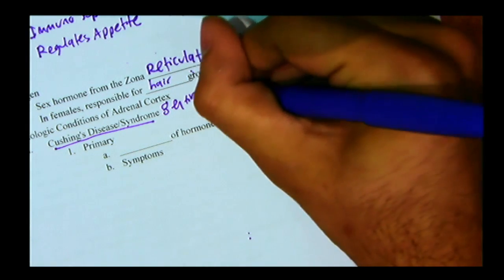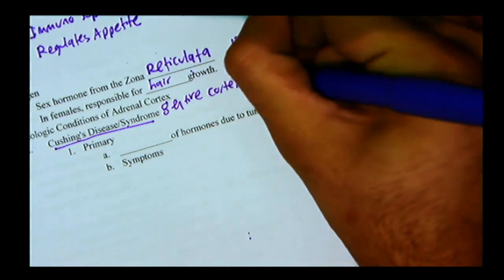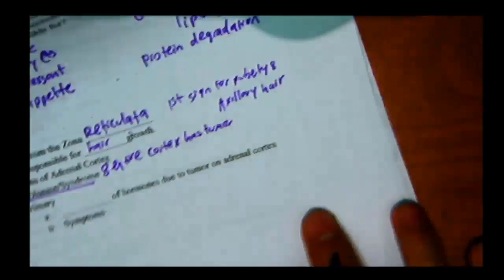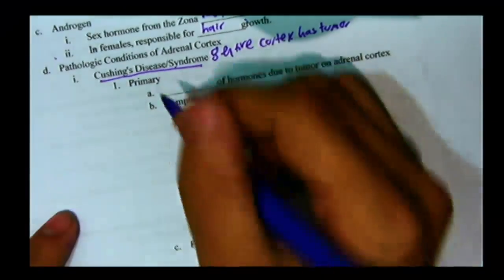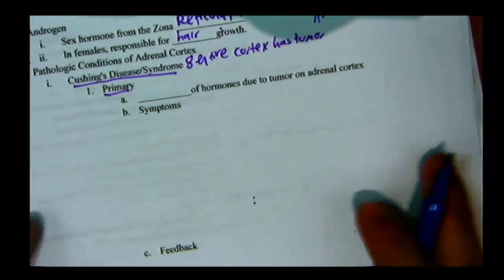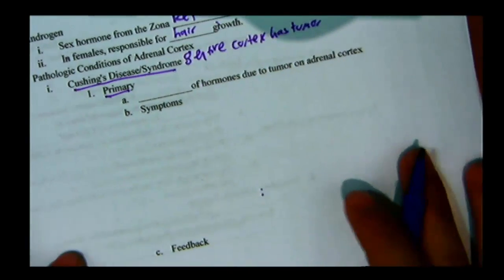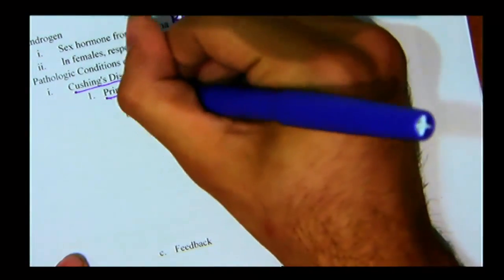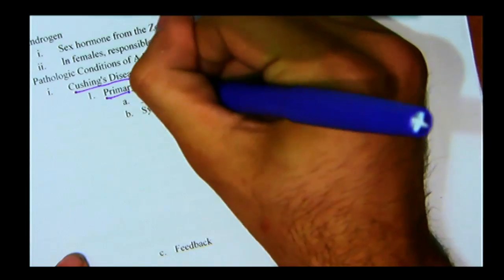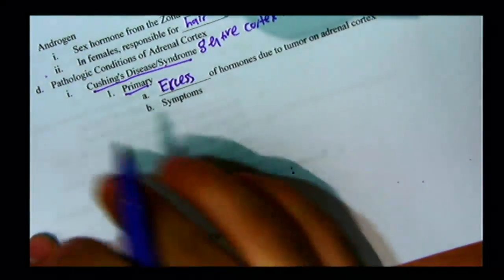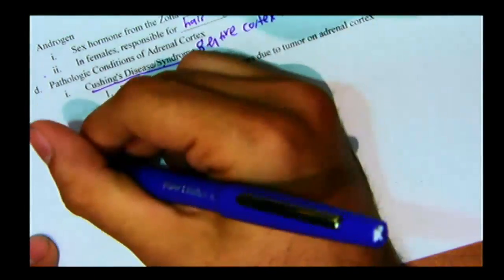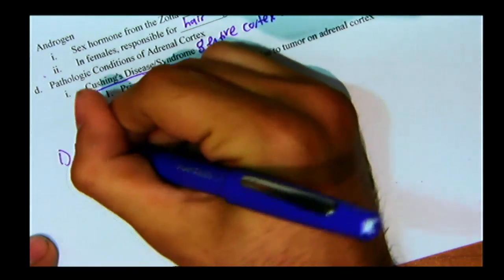So the symptoms I'm going to do by hormone. So we have aldosterone. If you have an excess of aldosterone, we already did this, but let's review. What will you see in terms of symptoms? You'll see hypokalemia. What else? Hypertension.